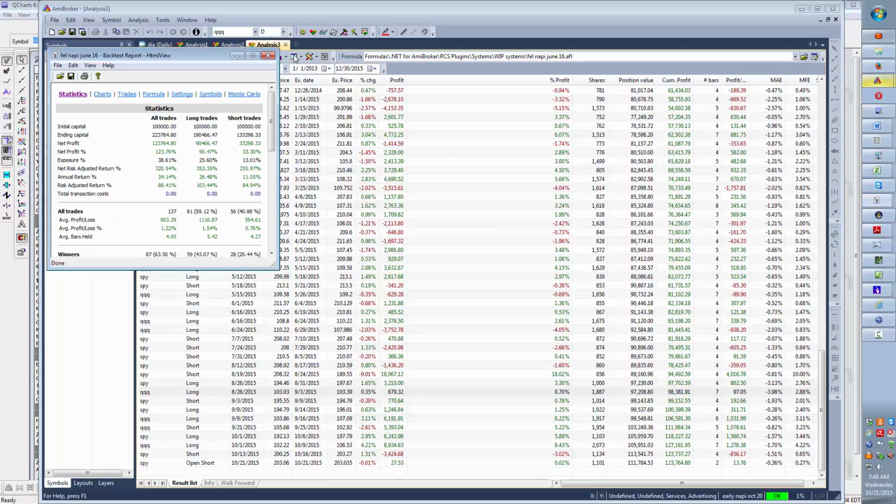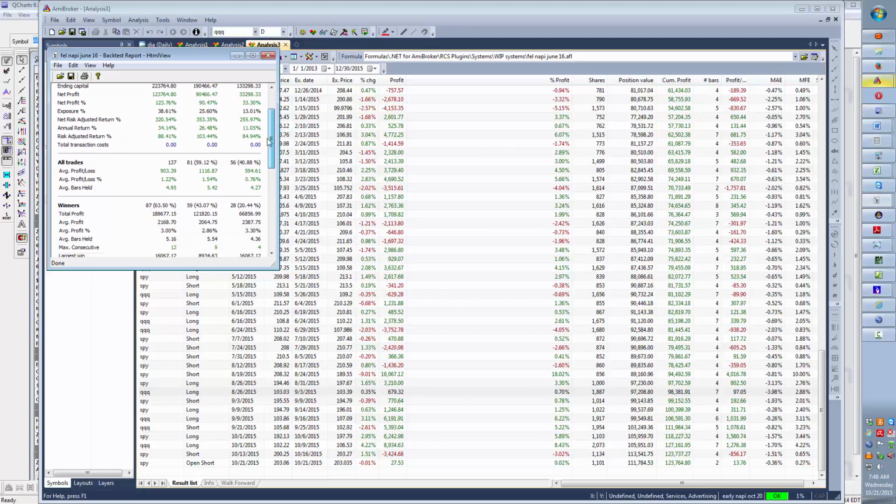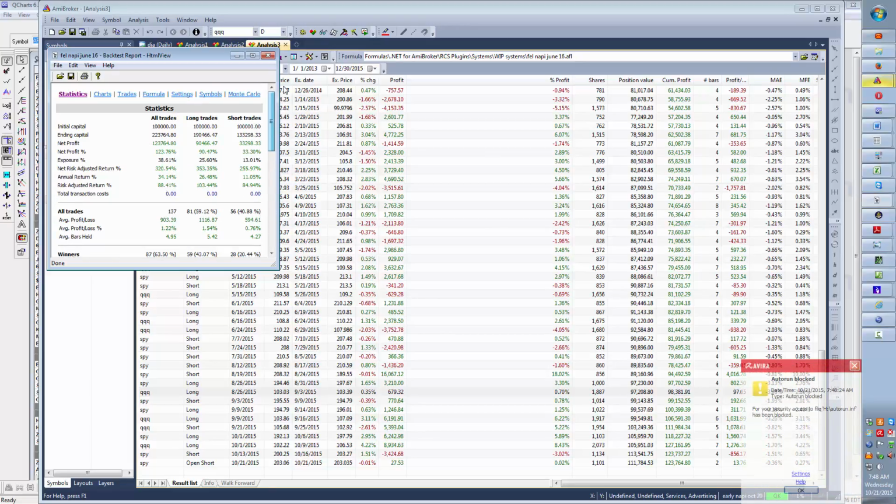Let's see what the numbers were over the past 3 years. Well, let's see, 34% is the CAR, but the other part that's really important is what was the max system drawdown, 10%. That's a bit less than what the S&P did during that time period.